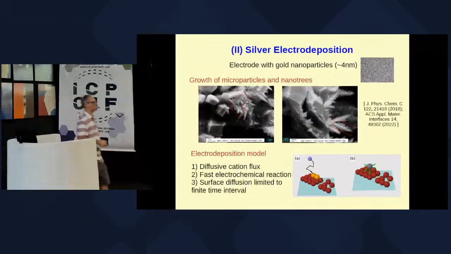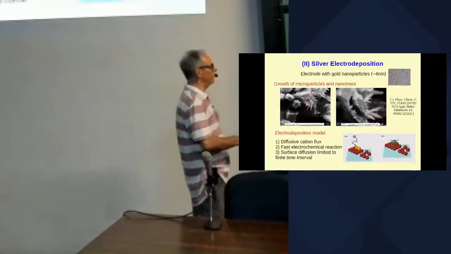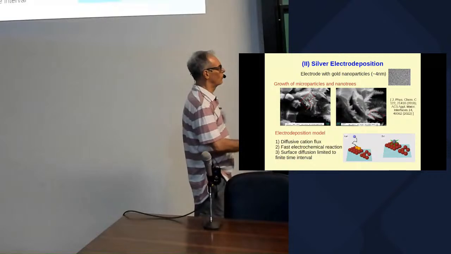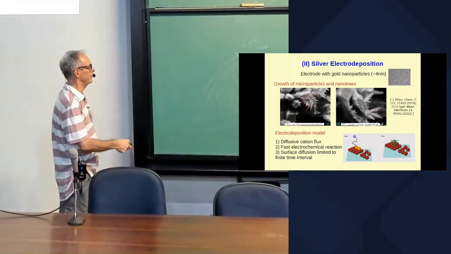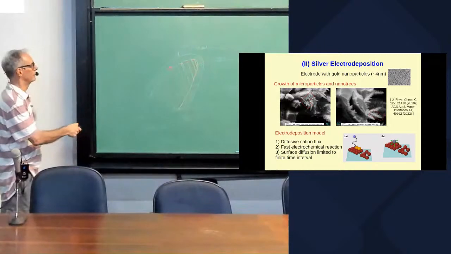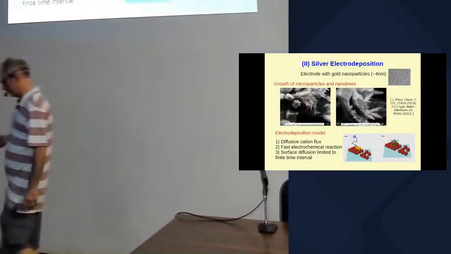And then what we are describing with surface diffusion in this model is the mobility of the silver atoms or nanoclusters, nanoaggregates of silver in this amorphous layer surrounding the dendrite tips.